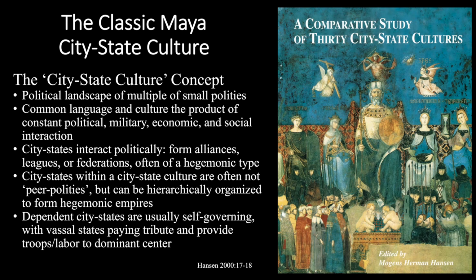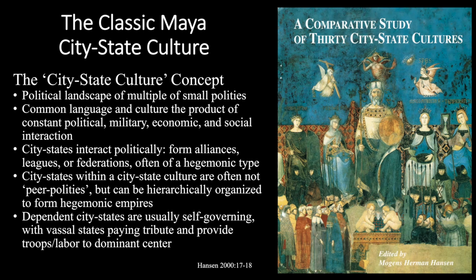In the first version, it was 30 city-state cultures, and it was talking about city-state organization in many times and places in human history. But one of the really important contributions to this book isn't just the definition of what a city-state is, but how city-states exist. Historically, city-states exist in clusters, and the fundamental thing that's interesting about them is the broader interactions between kingdoms.